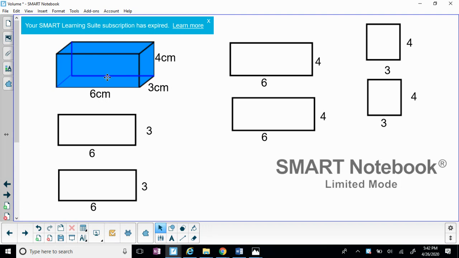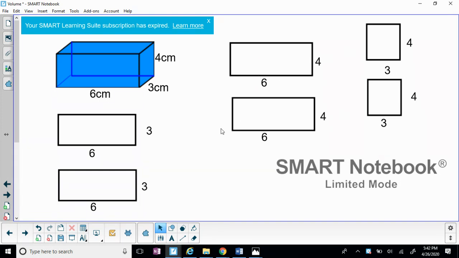If you think of it as front, back, side, side, we can think of this as top and bottom. So the area of these 2 faces, the bottom one would be 6 times 3, base times height.